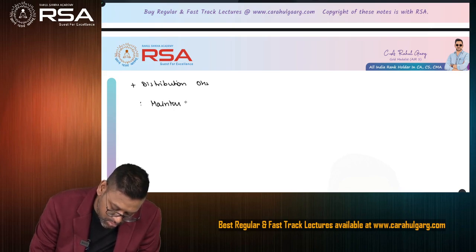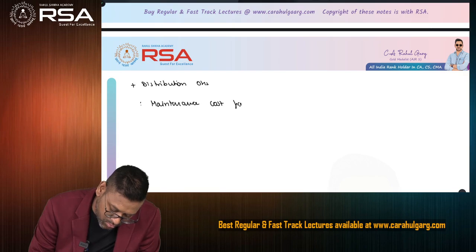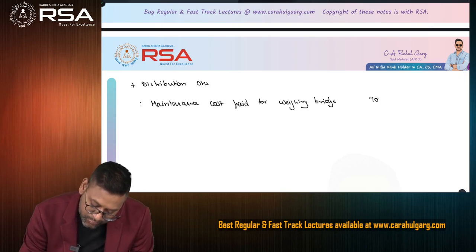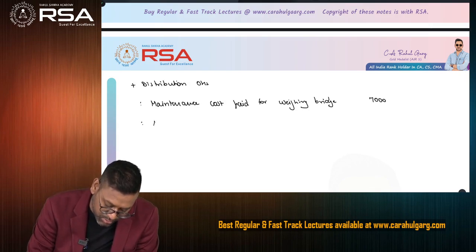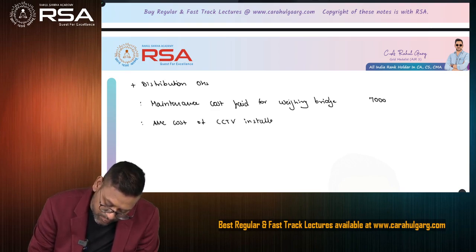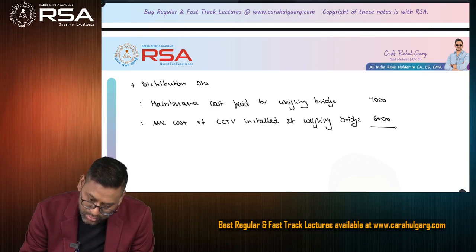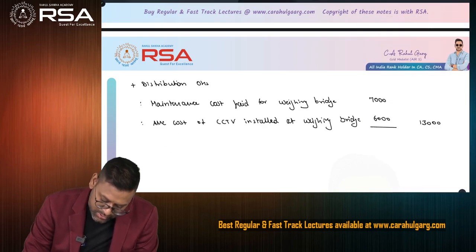First, maintenance cost paid for weighing bridge, rupees 7,000, and then the AMC cost of CCTV installed at weighing bridge, rupees 6,000. So in total, it becomes 13,000.